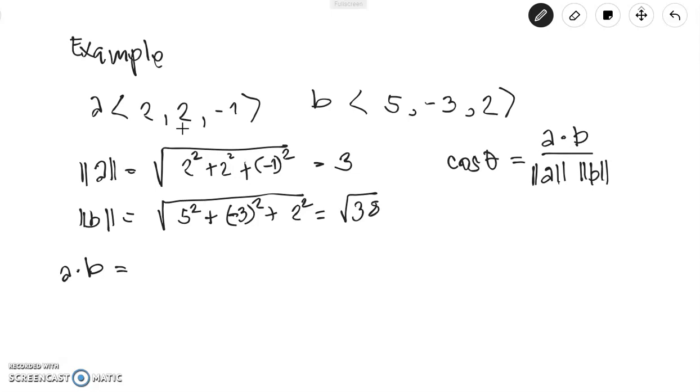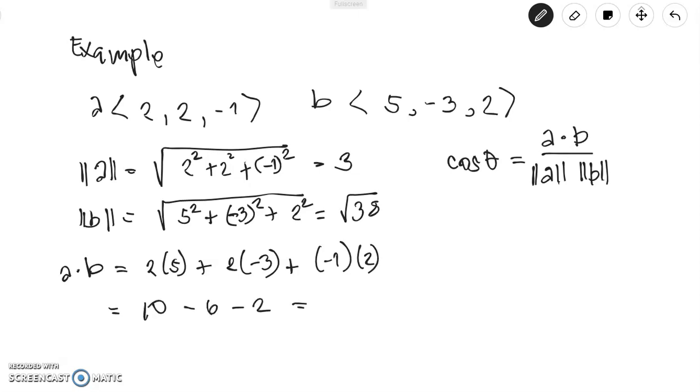The dot product is equal to 2 times 5 plus 2 times negative 3 plus negative 1 times 2. So therefore we have 10 minus 6 minus 2, which is positive 2.